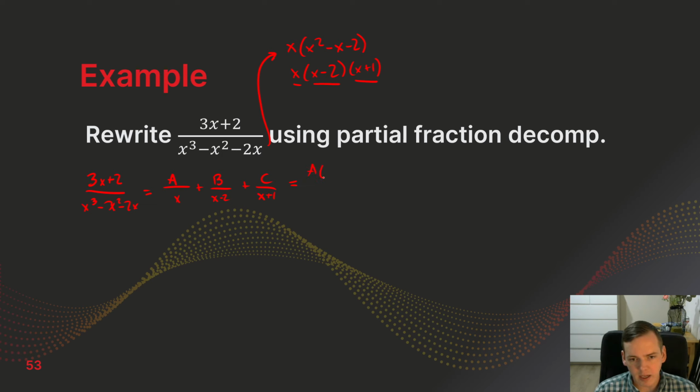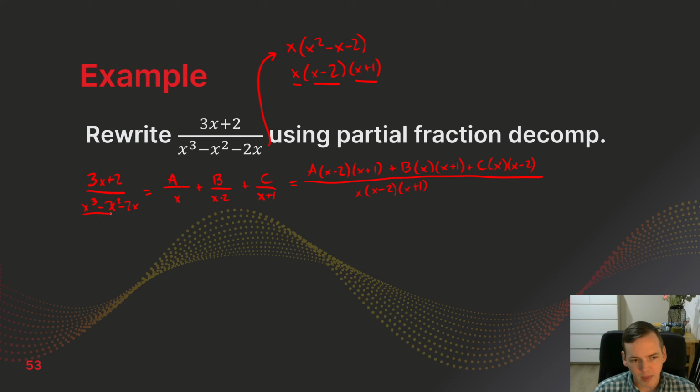So A times (x minus 2) times (x plus 1) plus B times x times (x plus 1) plus C times x times (x minus 2). And then all of that gets divided by the common denominator of x times (x minus 2) times (x plus 1). So now we know that the right side and the left side have to be equal.